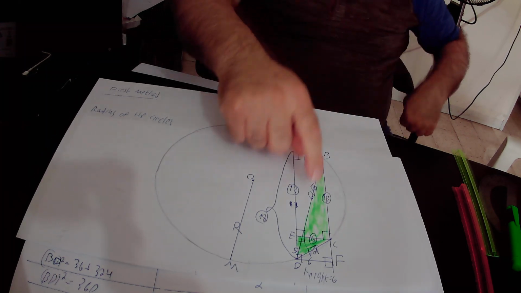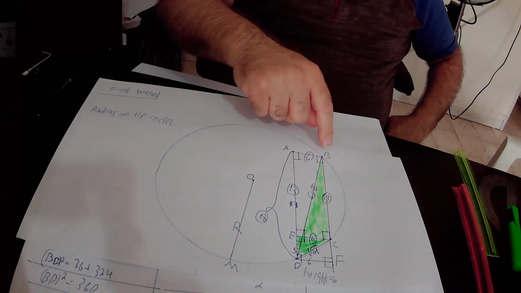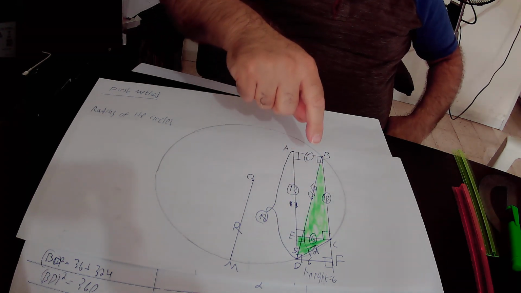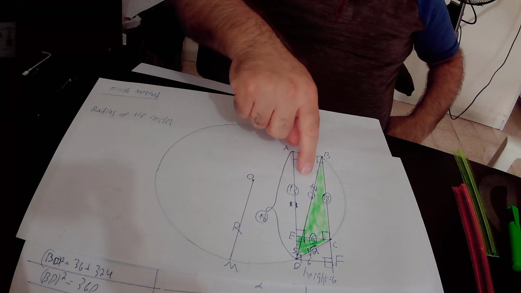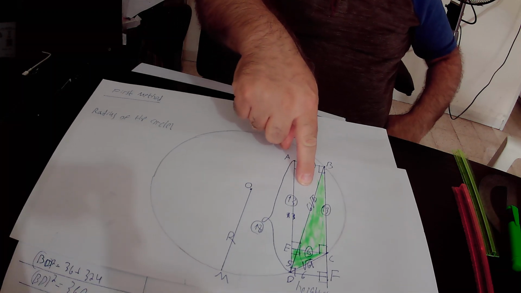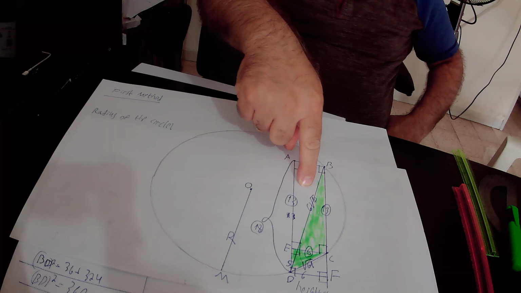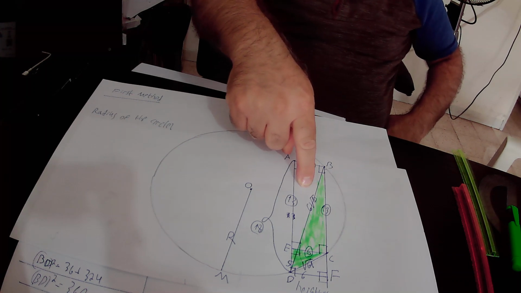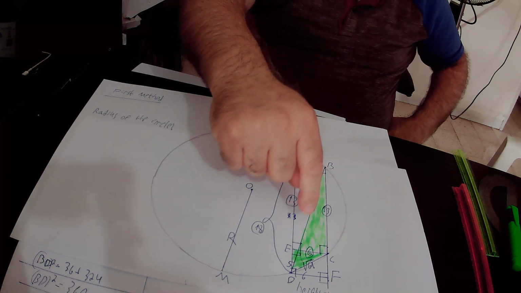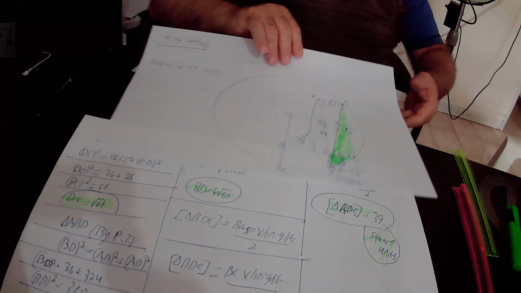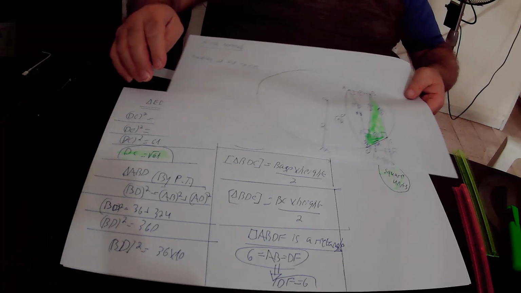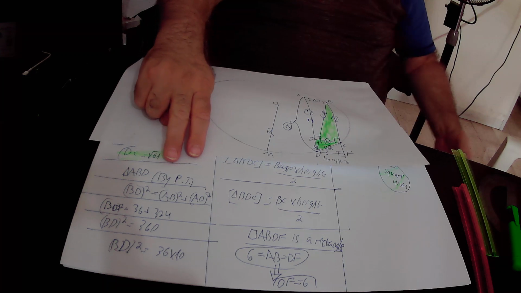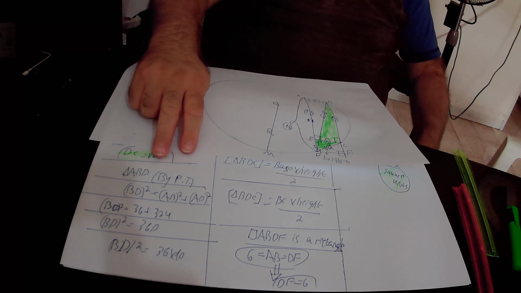Then we join points B and D together by a straight line. By joining points B and D, we created the right triangle ABD. We implemented the Pythagoras theorem on this right triangle ABD, in order to find out the length of the hypotenuse BD. So we have the right triangle ABD, PT is a relation for Pythagoras theorem.